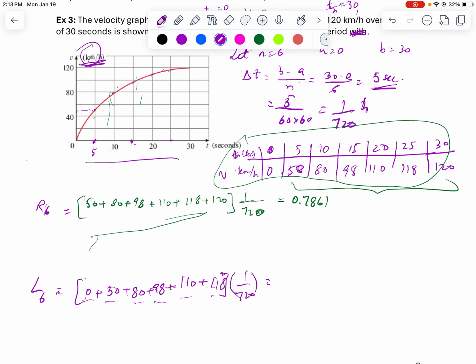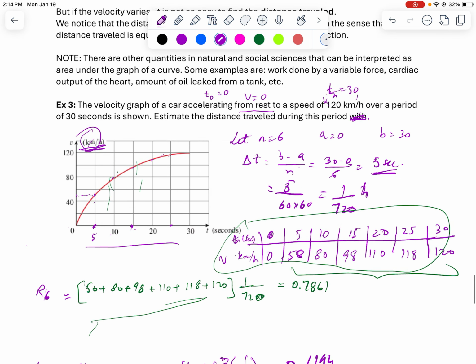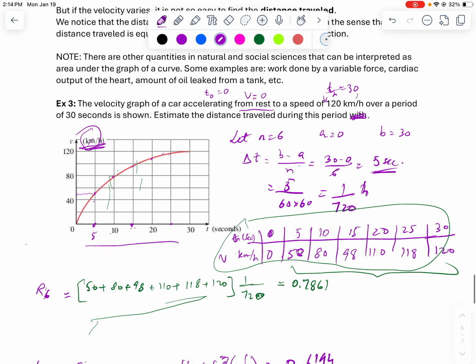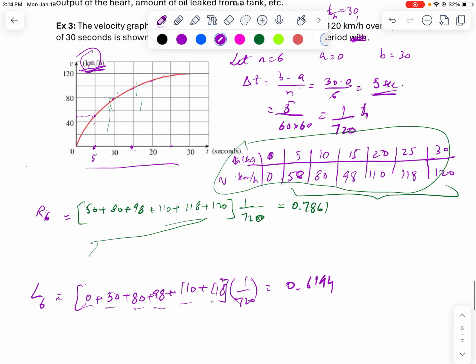So what did the question ask? It said estimate the distance traveled during this time period. So from here, you can see this is the distance traveled, equal to 0.8, what? Kilometer.